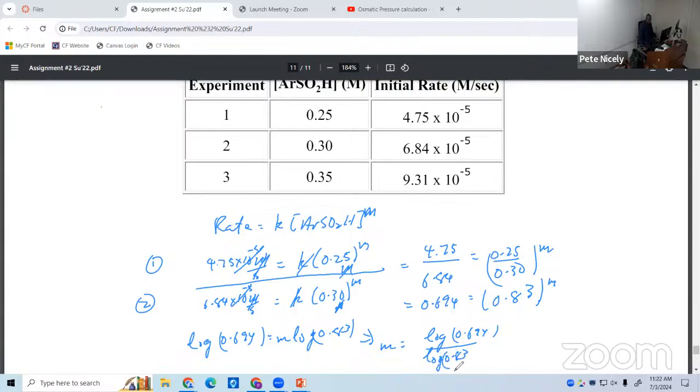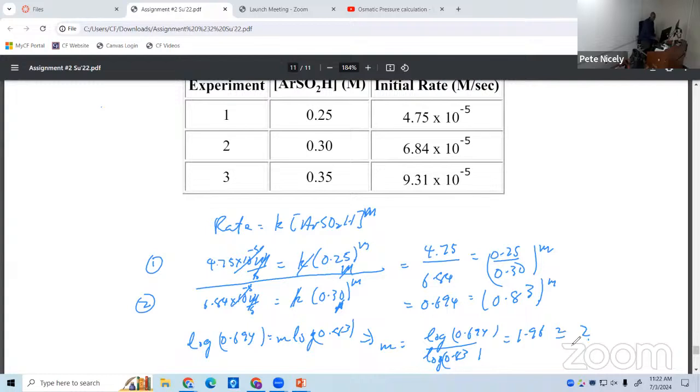Now let's hope that this gives an integer. 0.694 log divided by 0.83 log. Look at this. I got 1.96. Now this, I will definitely round off to 2.